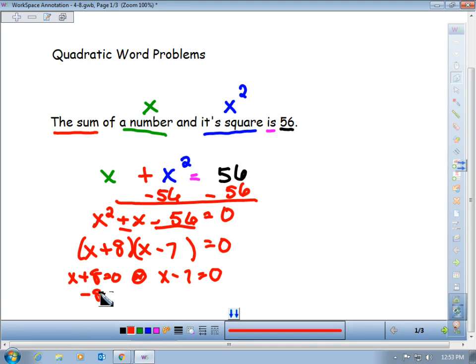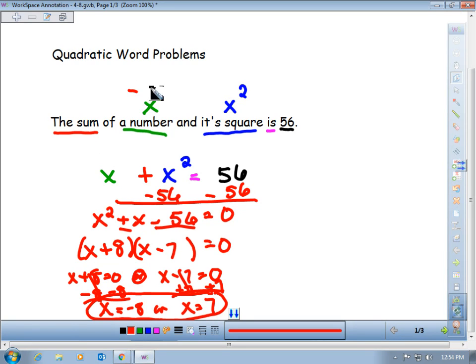And solve. So I get x equals negative 8, or x equals 7. And that would be your solution. You have two solutions here. If I take negative 8 and add it to its square, negative 8 squared, that'd be 64.